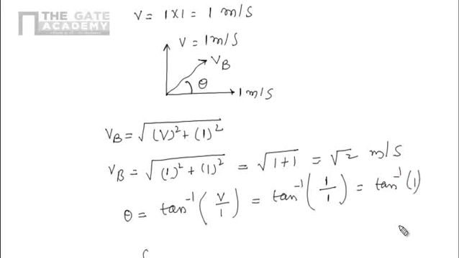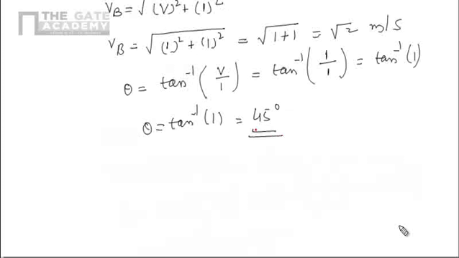We get 45 degrees, because tan inverse of 1 is 45 degrees. In this way we get the direction as well as the magnitude, that is root 2 meter per second. So the correct answer for this problem is root 2 meter per second.